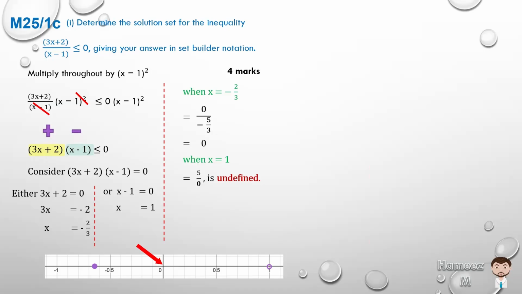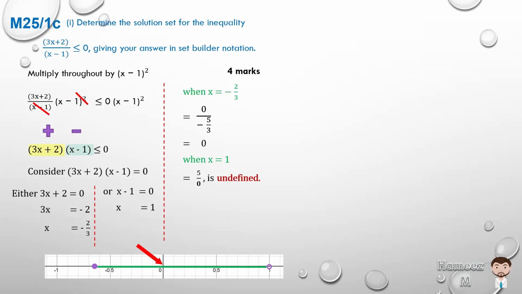So what we've realized from this is that the range in which this works is starting from minus 2/3 on the left and going towards 1 on the right. It includes the minus 2/3. At that point, it works out to be 0 and the inequality says less than or equal to 0. But it does not include the 1 because at the point when x is 1, it is undefined.